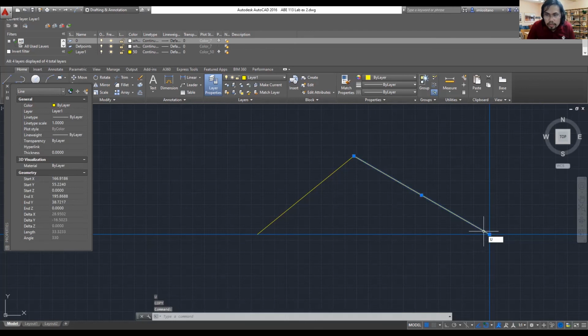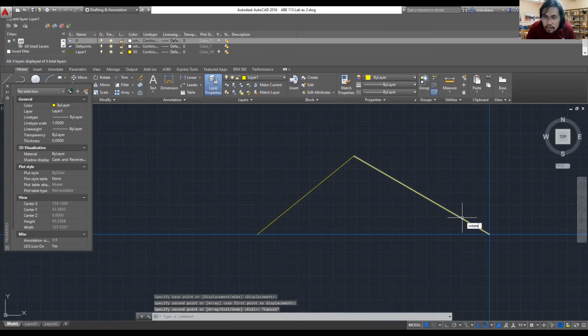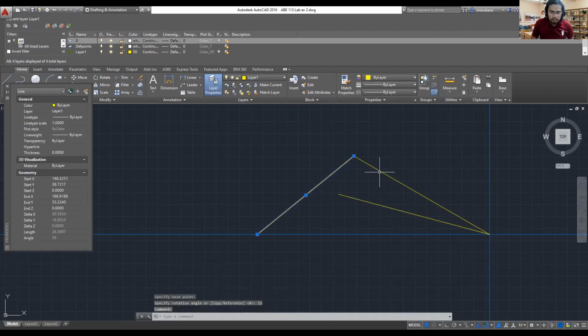About this point, so just 15. So apologies, you have to copy so that we can compare the original position. Right, so that's a new position for this link, and you have to copy this one.